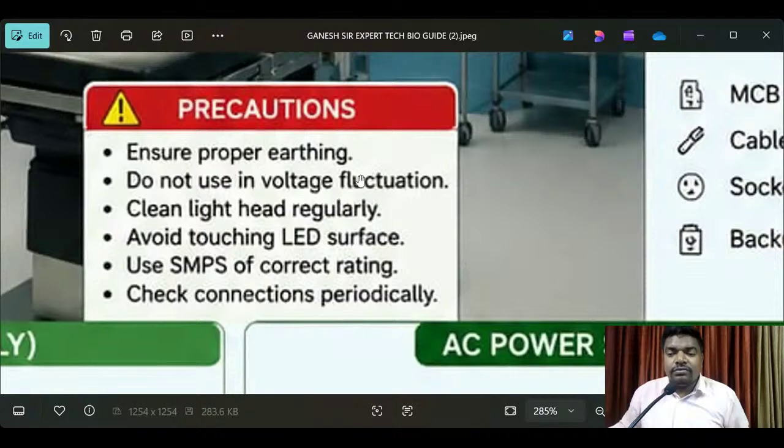Precautions: ensure proper earthing and do not use in voltage fluctuations, clean the light head regularly, avoid touching the LED surface, use SMPS of the correct rating, and check connections periodically. These instructions have to be given by the biomedical engineering team. You have to give the instructions to the technician on how to use it and the safety precautions. As a biomedical engineer, you have to do it.